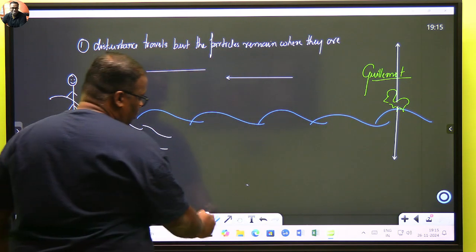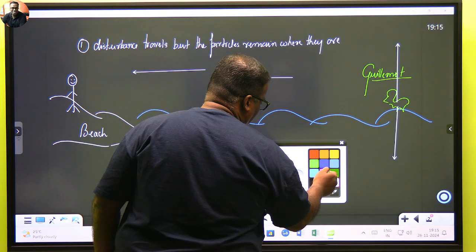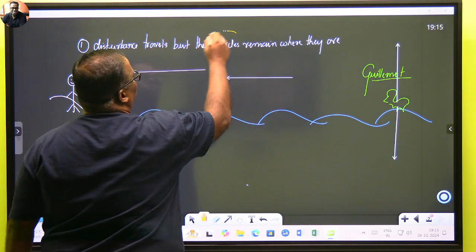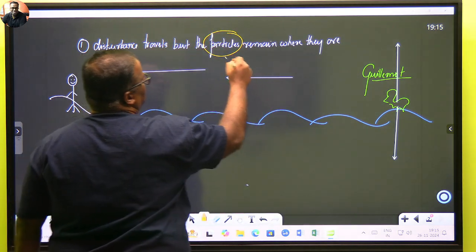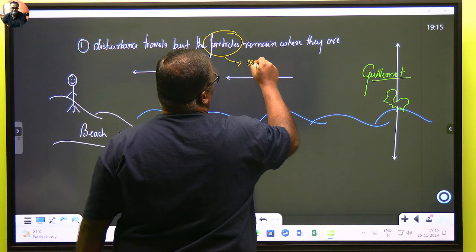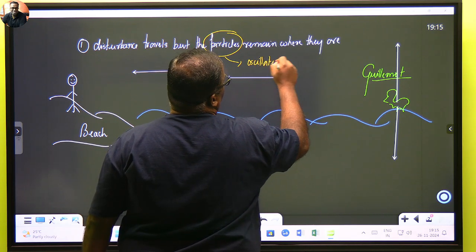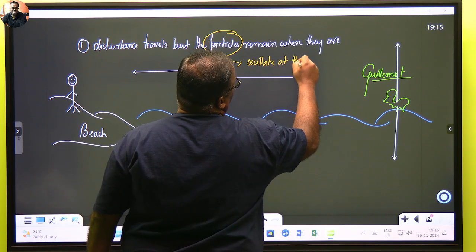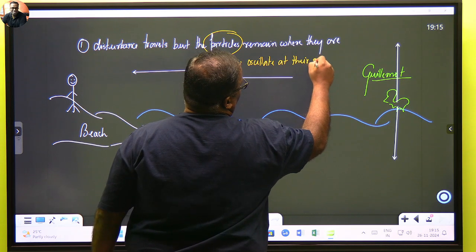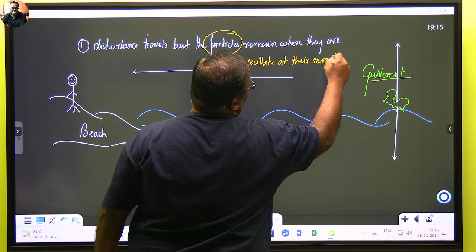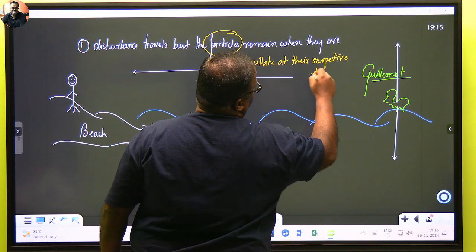Rather, I would say, and I'm upfront telling you, right now you'll not agree, the particles oscillate at their respective positions.